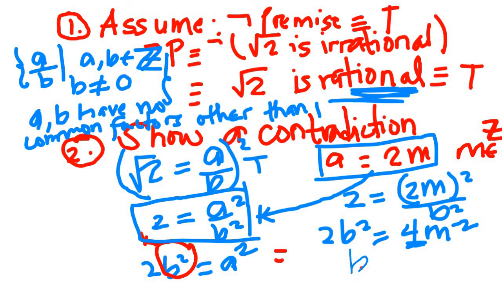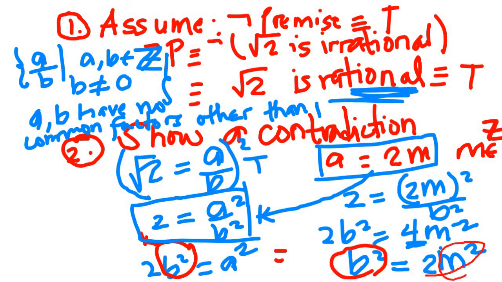So b squared equals twice m squared. And how is this significant? We know now that b squared is also even, because if we let m squared be any number, maybe x, for example, this will end up to be twice x. So b squared is also even.